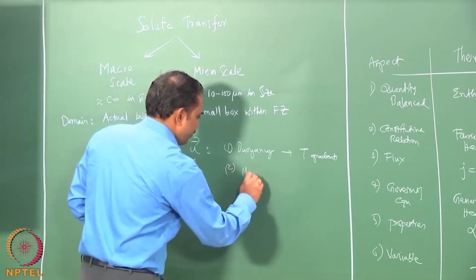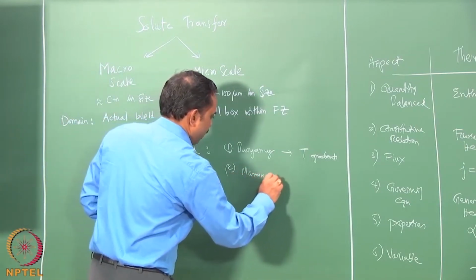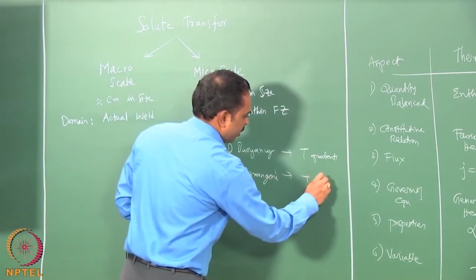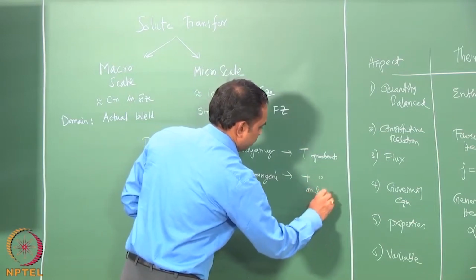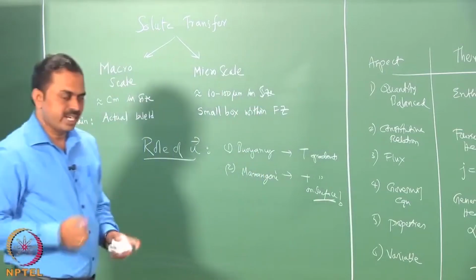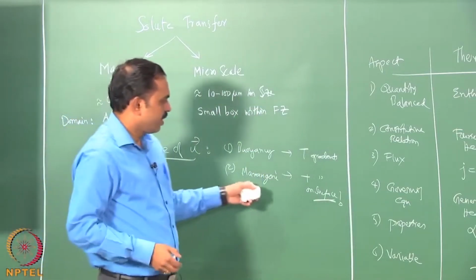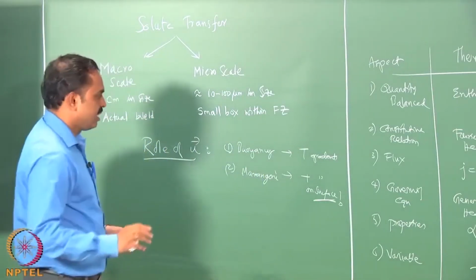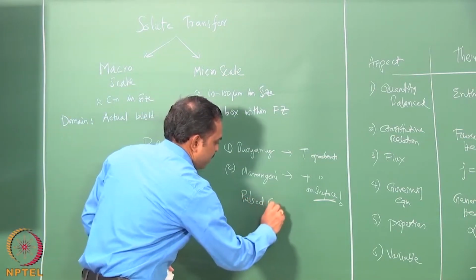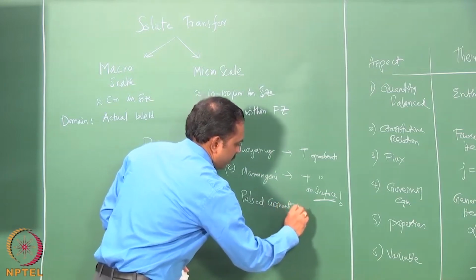The second driving force would be Marangoni, and this is also strongly dependent upon the temperature gradient on the surface. Now, this could be triggered when we use what is called a pulsed current. Look at what happens if you have a pulsed current heat source.